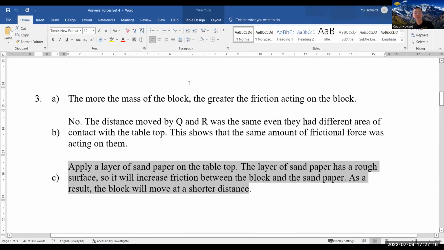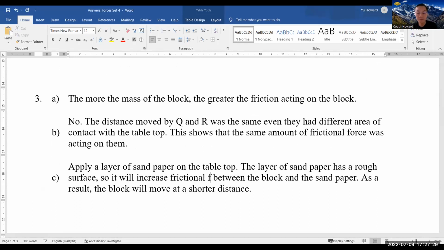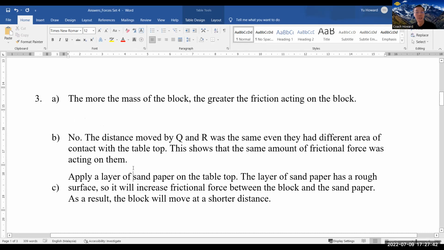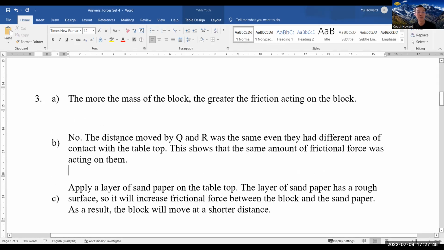Okay. Question 3 is to apply a layer of sandpaper on the tabletop. So the layer of sandpaper has a rough surface, so it will increase the friction or the frictional force between the block and the sandpaper. As a result, the block will move a shorter distance. So earlier that one is no, the part B. So you must say you use block Q and R. Q and R is the two setup, right?